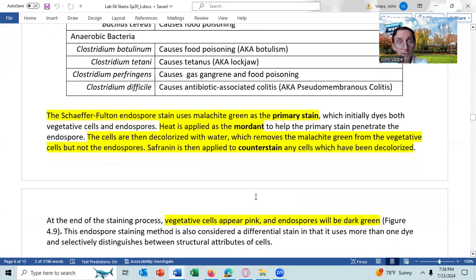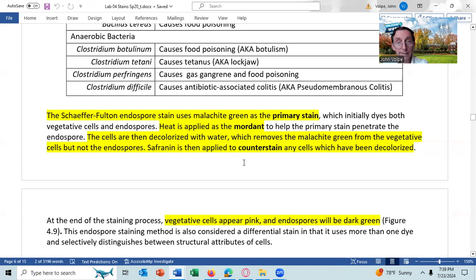The Schaeffer-Fulton stain is an endospore stain that uses malachite green as the primary stain, and then heat is applied as a mordant to help the stain get inside the endospore. The cells are then decolorized with water, which removes malachite green from the vegetative and the parent cells, but it does not remove the malachite green from the endospores.